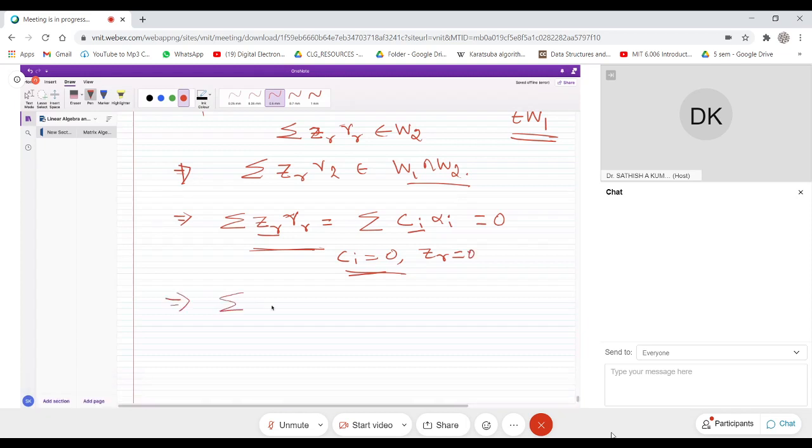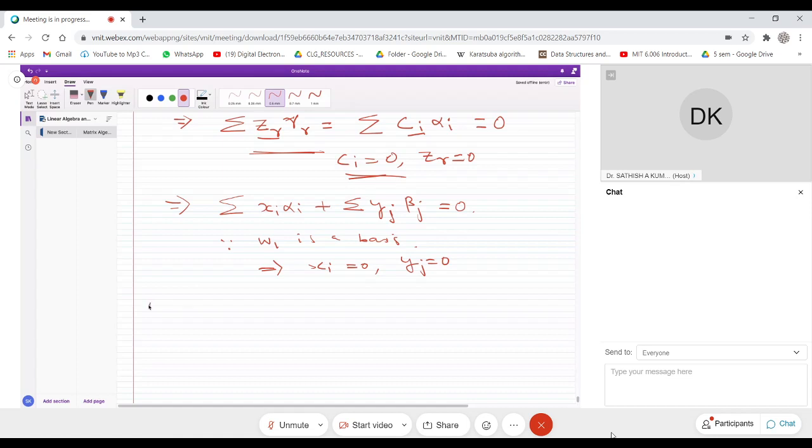So it implies that the summation over xi alpha I plus the summation over yj beta j is also 0. Since alpha I and beta j are a basis for W1, which implies that all the scalars xi are 0 and yj is also 0, and zr equal to 0.